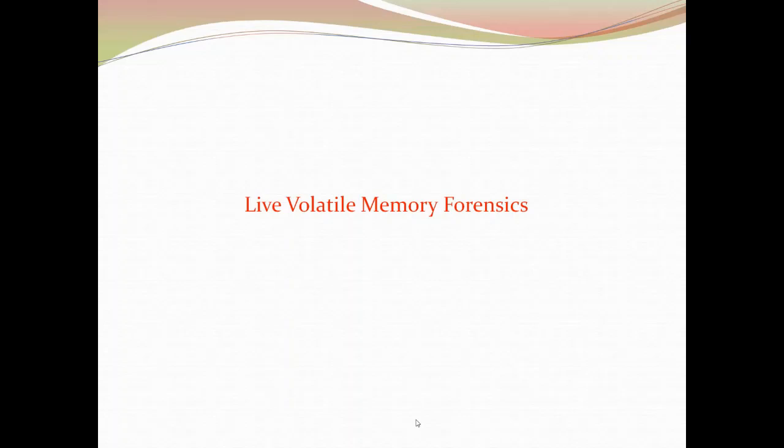So the target computer and the host computer are required to be connected with each other, either by using the local area network or by using various cables, and by using this we can debug and do the forensic investigation of the volatile memory.